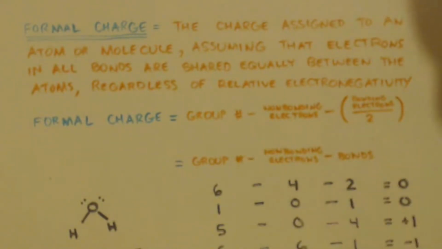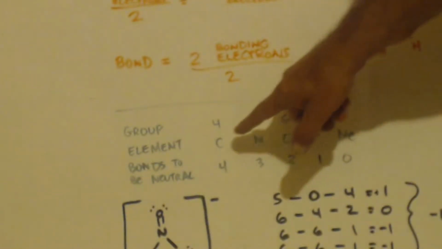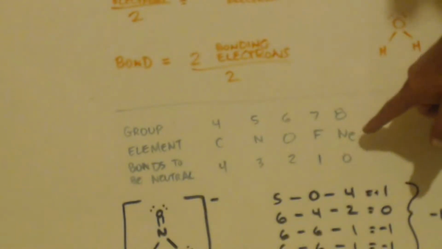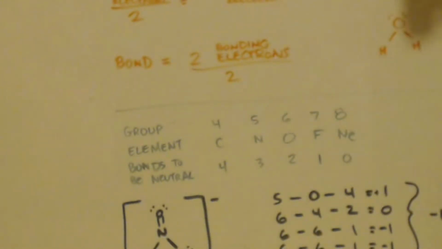Group number is, if you look on your periodic chart, the vertical lines that go up and down, those are your groups. These are the group numbers. Carbon, nitrogen, oxygen, fluorine, neon: group 4, 5, 6, 7, 8. See how it goes up? That's how the periodic chart looks.